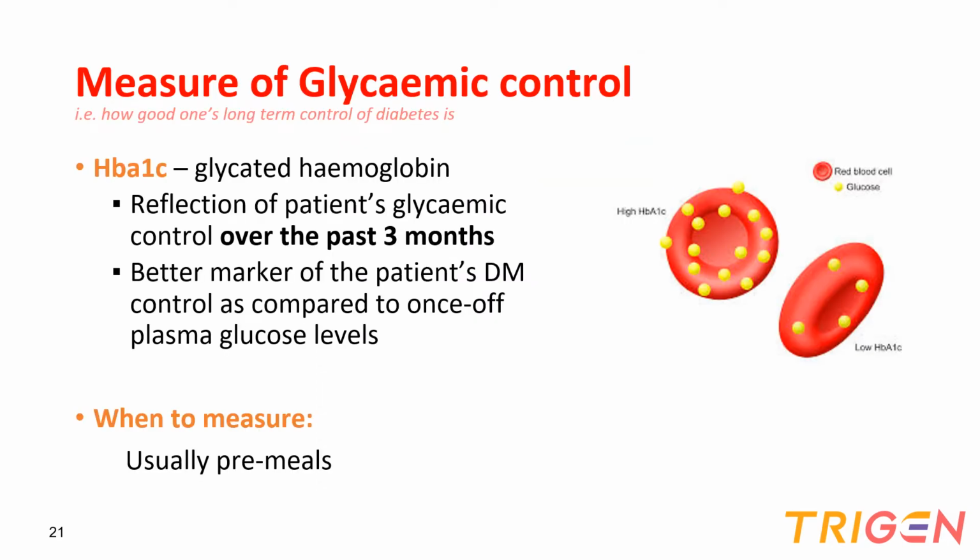It is important to evaluate one's long-term control of diabetes, which is delineated by this biomarker called HbA1c. It is a reflection of a patient's glycemic control over the past 3 months, which is a better marker of a patient's diabetes control as compared to plasma glucose levels. This is usually measured pre-meals.